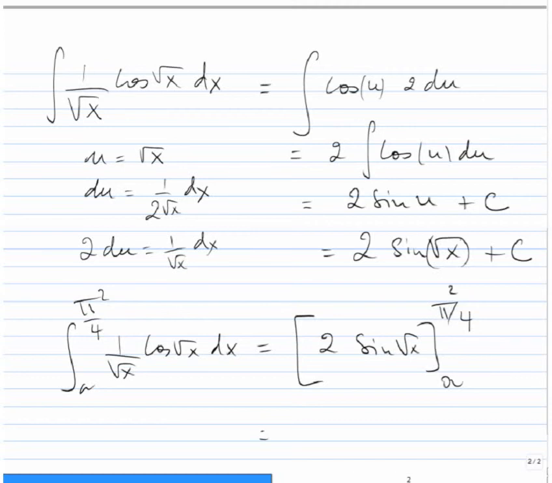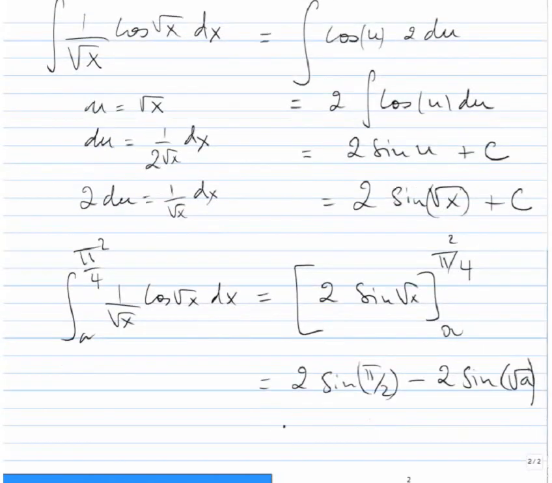And this is equal to 2 sine of square root of pi squared over 4, that's pi over 2, so that's sine of pi over 2, minus 2 sine of square root of a. Sine of pi over 2, that's sine of 90 degrees, that's 1. So the answer is 2 minus 2 sine square root of a.